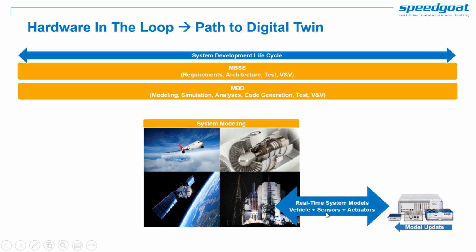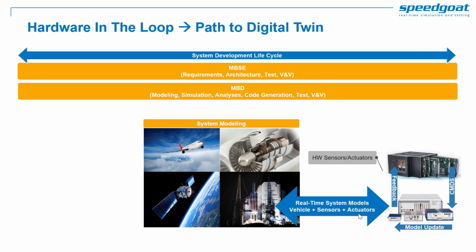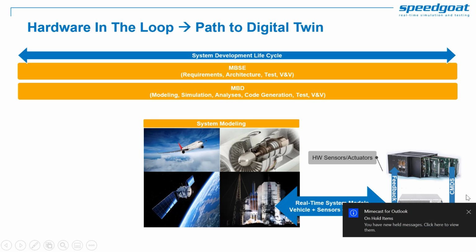Keeping in mind here that this is a complete model of the system, so vehicles, sensors, actuators, algorithms, everything, including test data, to increase or improve model fidelity, which can then be integrated with the control system of the vehicle or system of interest in a closed loop sense, allowing the real-time system model to drive the dynamics in a closed loop fashion for the control system.